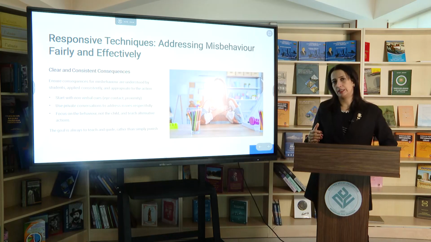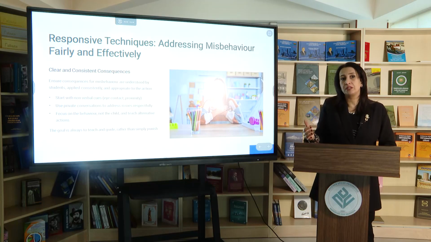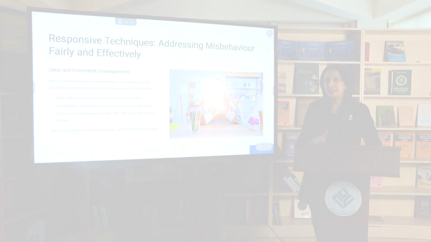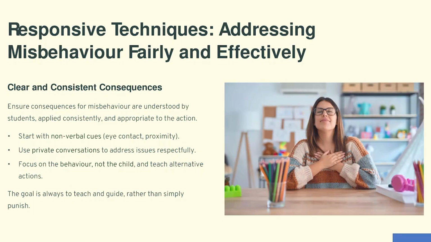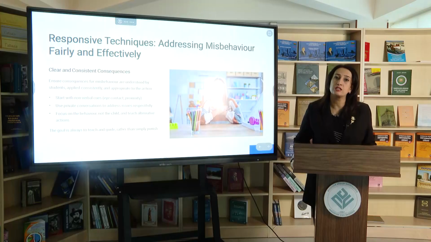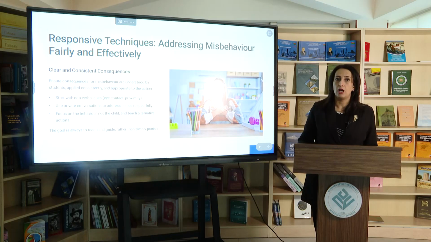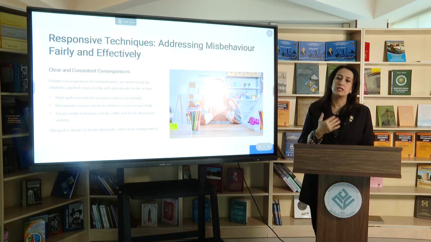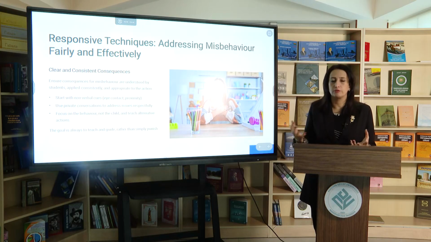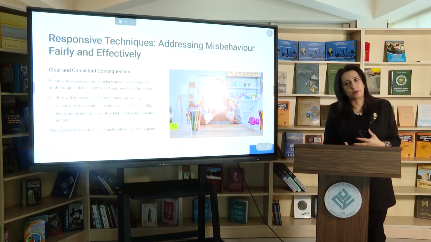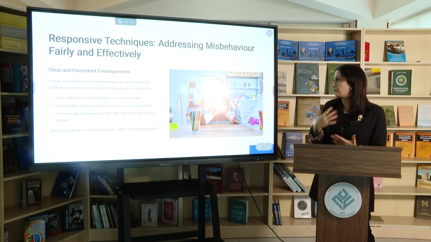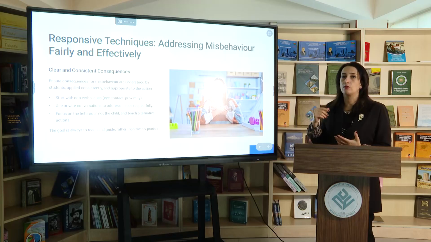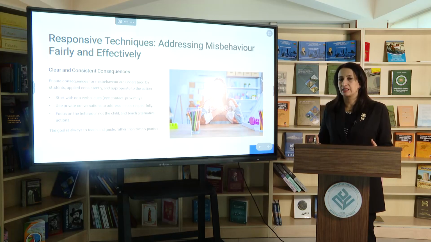But if they continue or they repeat their misbehavior, they need consequences. But consequences don't mean that we need to punish them. We always avoid verbal cues or maybe corporal punishment. We try to prevent all of them. That's why we may use some extra things.